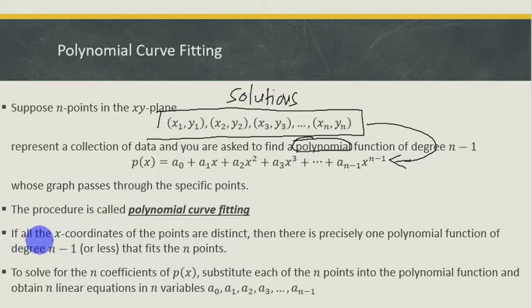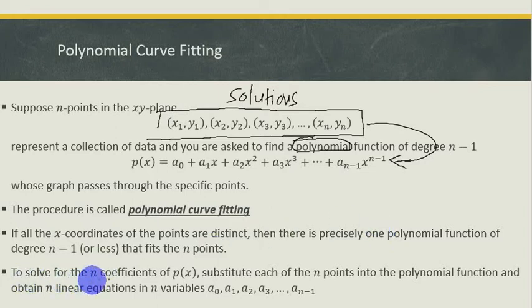Now, if all the x-coordinates of the points are distinct, then there is precisely one polynomial function of degree n minus 1 or less that fits the n points. So if all the x-coordinates are distinct, then there will be only one polynomial function. This is a characteristic of functions in general.